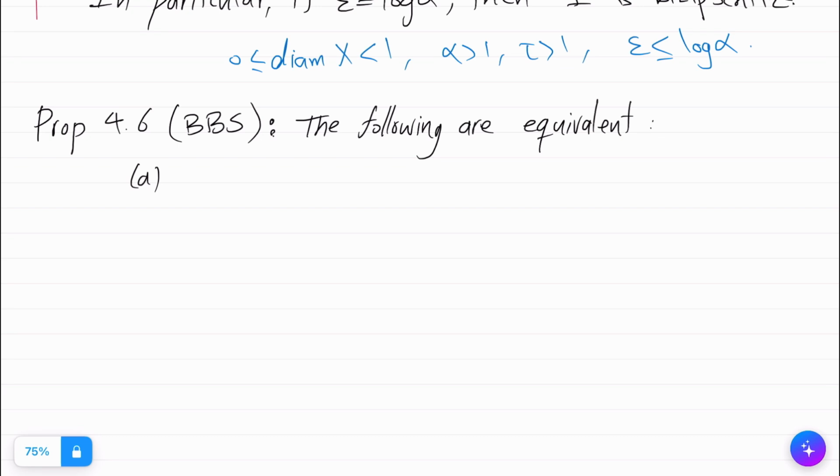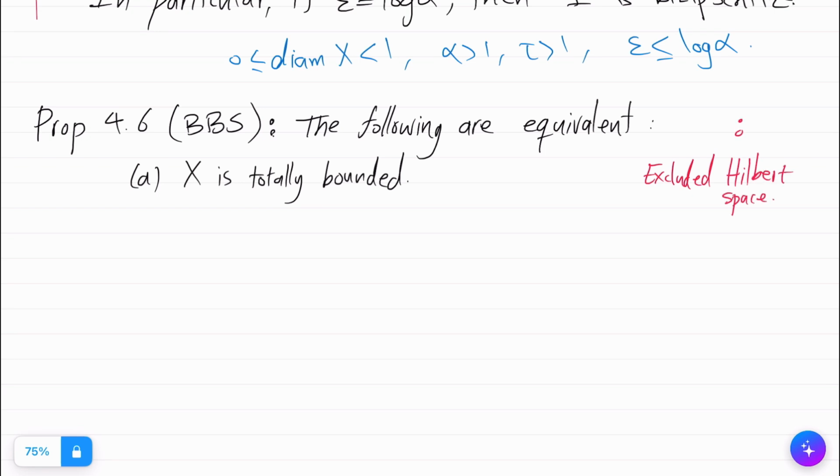A. The space X is totally bounded. What this means is that for every epsilon positive, you can always find a finite epsilon net of points. So this in particular excludes infinite dimensional Hilbert space, because there you have 0 and then you have infinitely many vertices with mutual distance equal to 1.